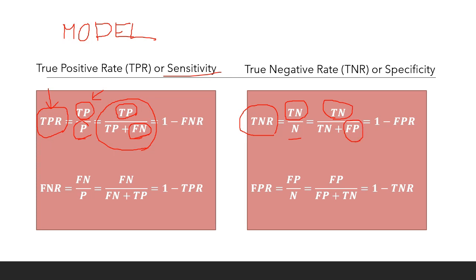So if I know who is in fact in the population negative and who is in fact in the population positive, then I can know if my test is good in terms of specificity, which is TNR, true negative rate. What is the problem? And that's why I've been explaining all this, that you don't know in the population who is truly a positive, and you don't know in the population who is truly a negative.